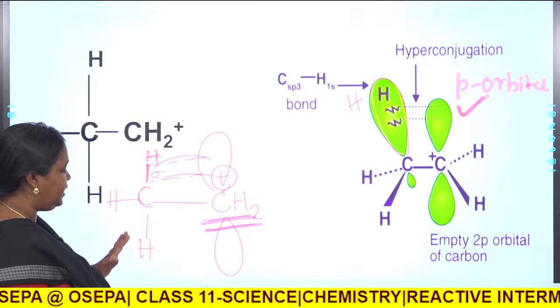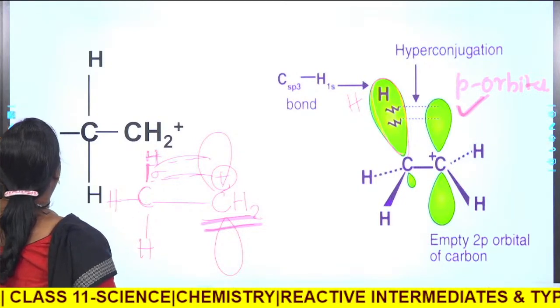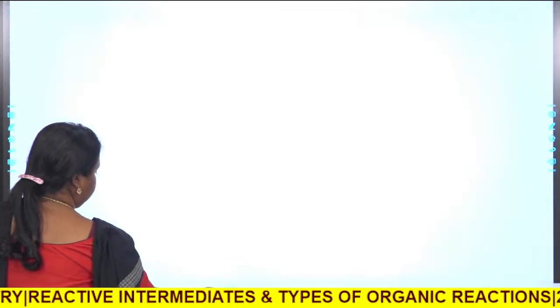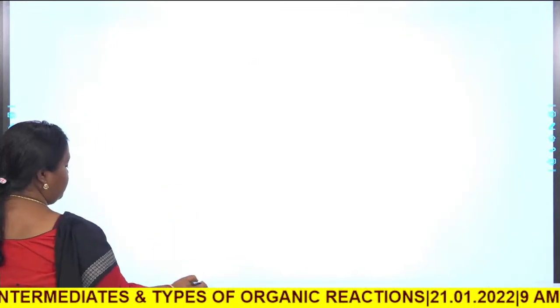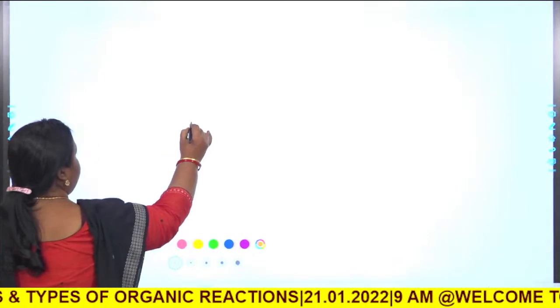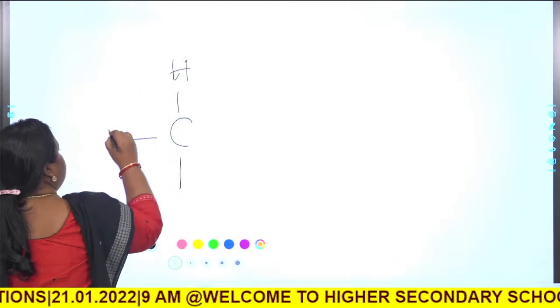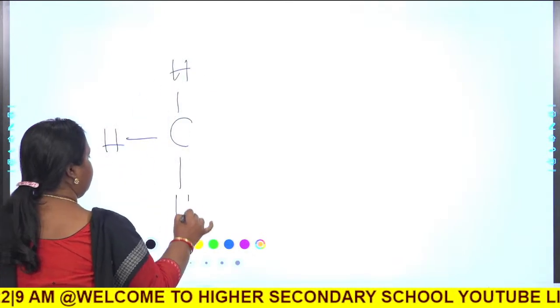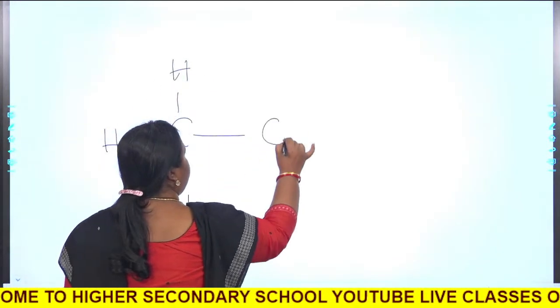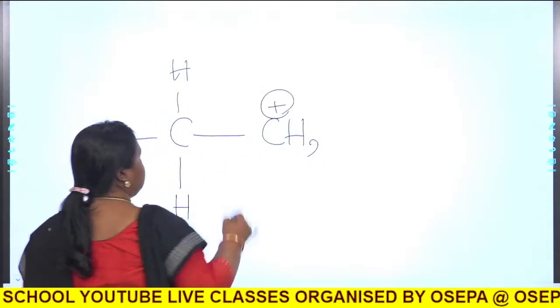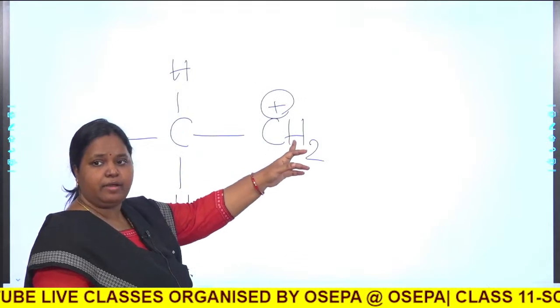Now let us see it in simpler terms. Suppose we write carbon, H, and CH2 plus. Now this carbon is in need of electrons.